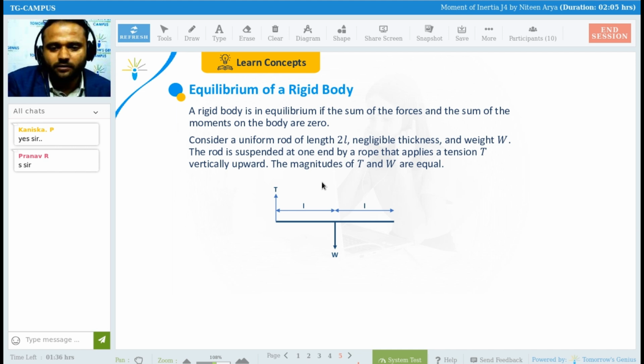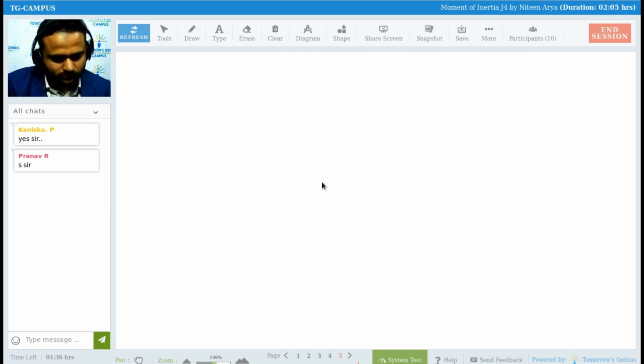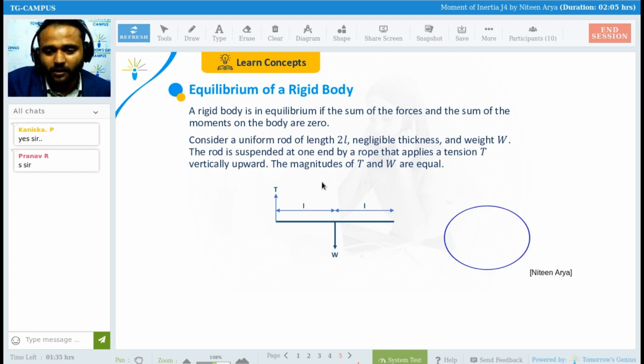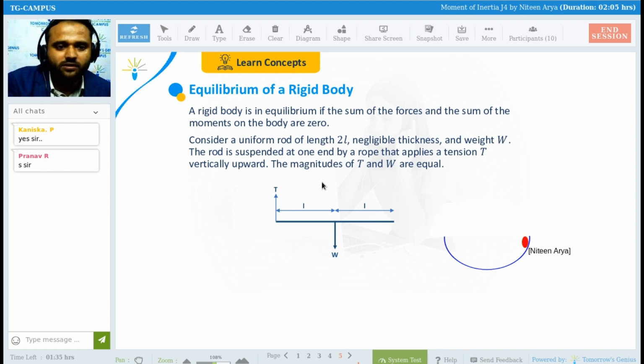So for the linear analogy, I want to give you this. Suppose there is a bowl. For this bowl, if I put this and I drop a marble here, the equilibrium point is going to be there at this center, right?